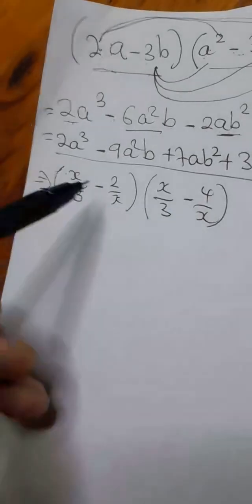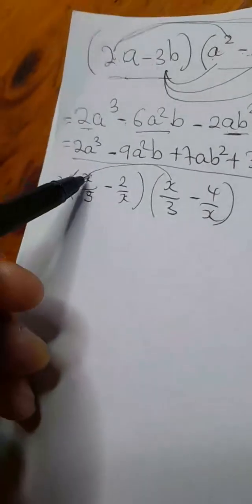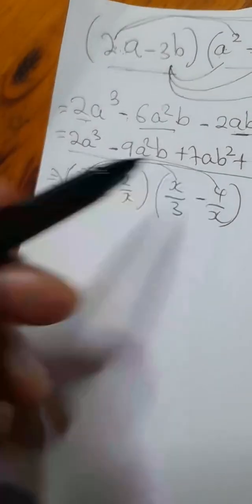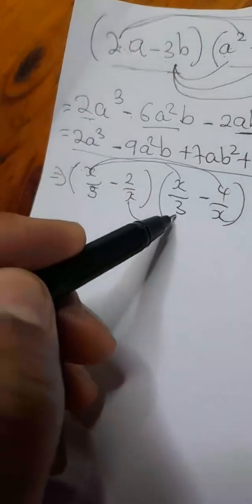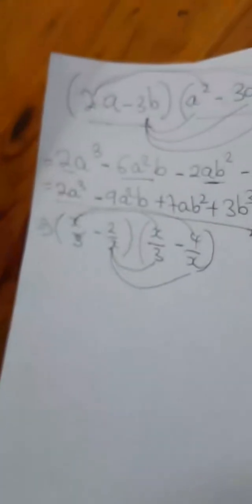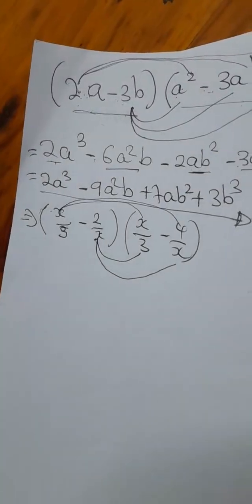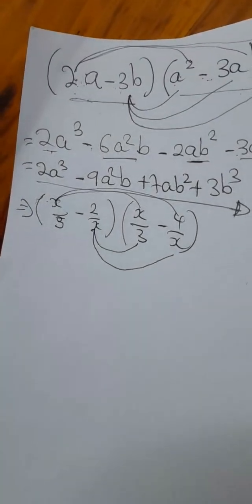We say this, multiply by this, then this, multiply by this. This, multiply by this, and this, multiply by this. Now you have to be careful because this one is fractions.